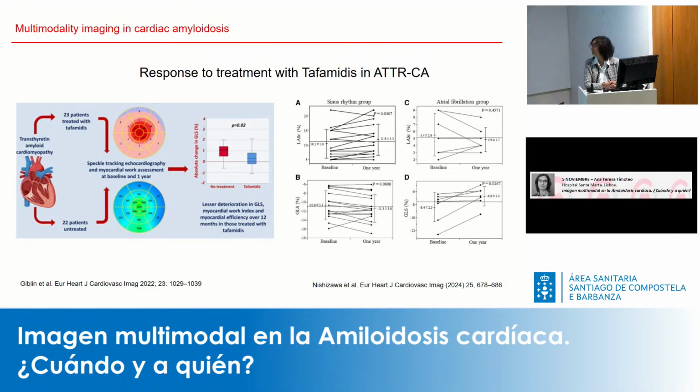If the patient is in sinus rhythm and is being treated with tafamidis, the strain of the left atrium usually improves. The GLS not so much, but when the patient is in atrial fibrillation, the response is usually much worse. There is no improvement and there can even be some worsening in the condition. So patients in sinus rhythm respond better to tafamidis treatment.